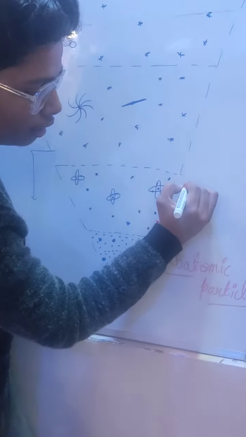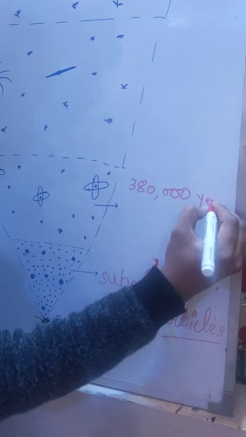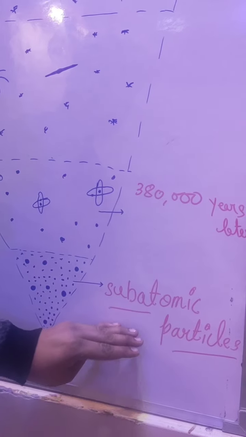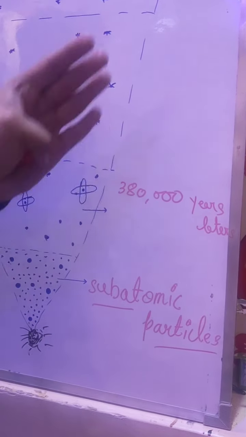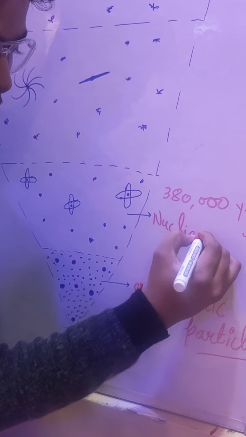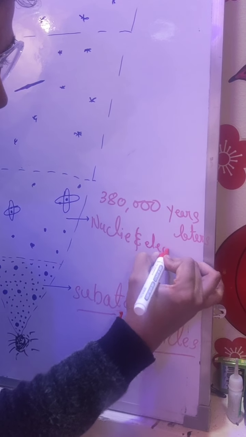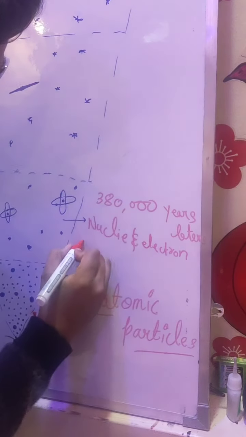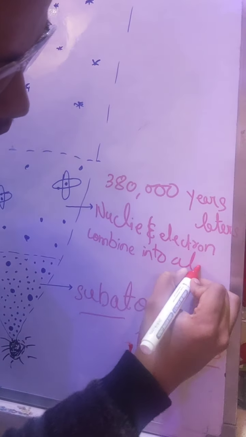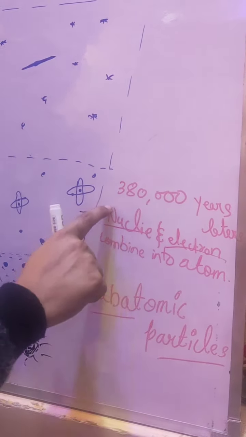After 380,000 years, it means after the subatomic particles formed, 380,000 years later, the nuclei and electrons combine into atoms.